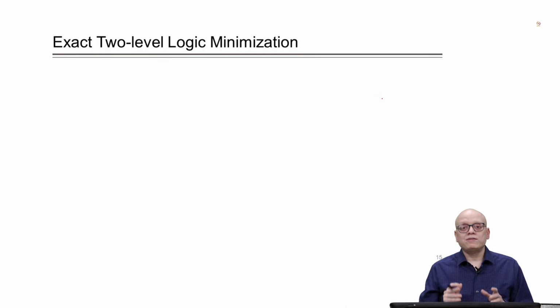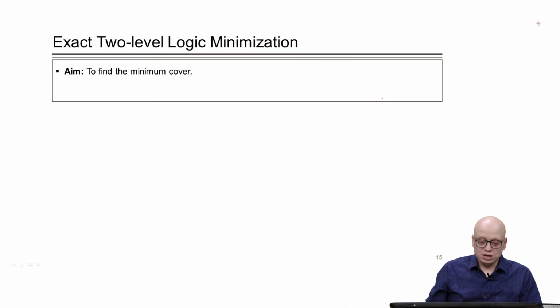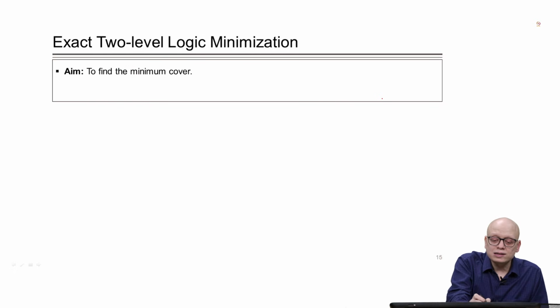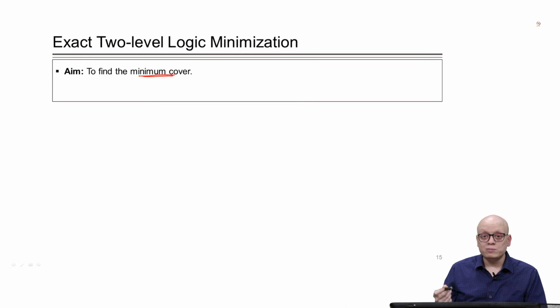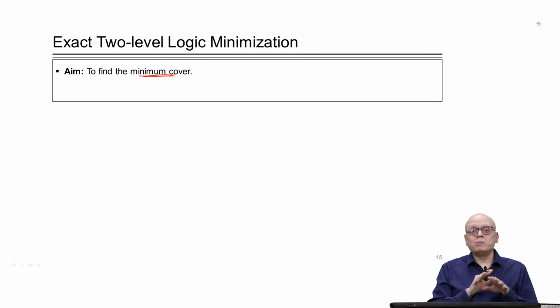Having looked into the definitions of various terminologies, now let us look into what exact 2-level logic minimization is. The aim of exact 2-level logic minimization is to find the minimum cover. For a given Boolean function there can be multiple covers, as we saw in the previous examples, and different covers have different sizes.